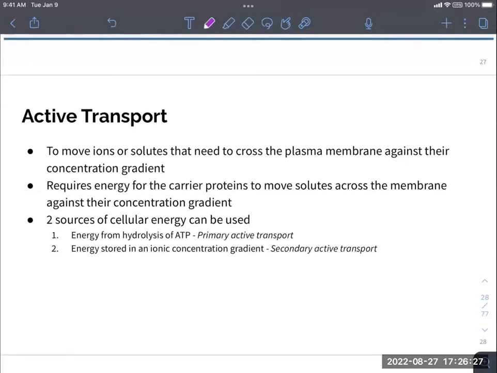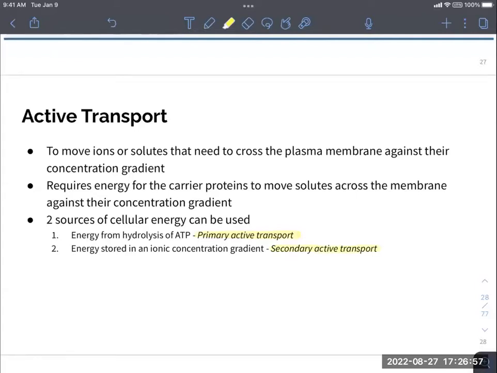There are two different types of energy. We have primary active transport that requires the hydrolysis of ATP, or adenosine triphosphate. Then secondary active transport is where energy is stored in an ionic concentration gradient.